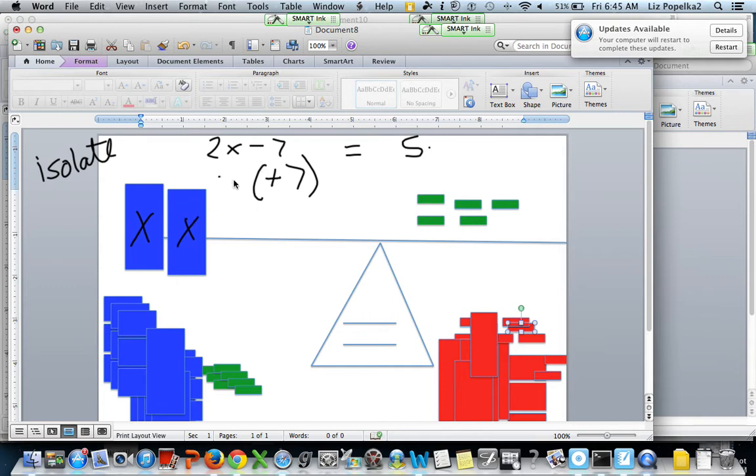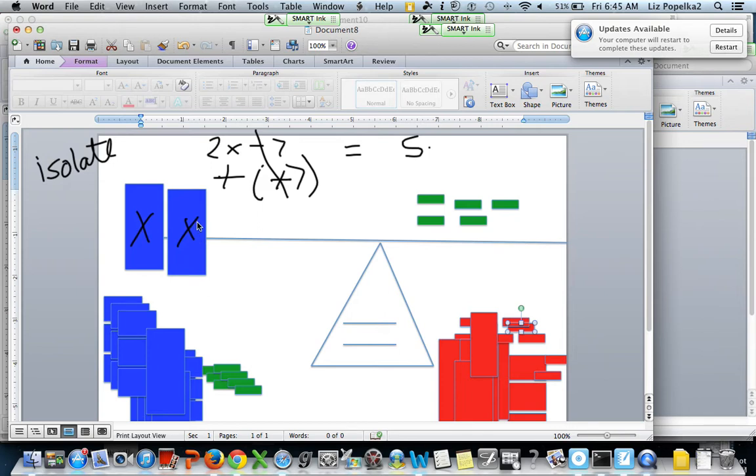Let me say that one more time. What I actually did is I subtracted a negative 7. I took away a negative. We remember from our integer rules that when you subtract a negative, what you're really doing is adding a positive. So that minus 7 and that plus 7 cancel each other out, and now they're gone.